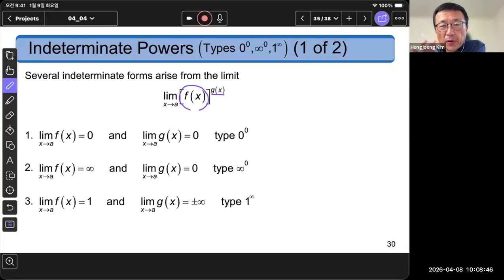So if you have an f of x to the g of x type function, and if one of these three conditions is satisfied, then what are these three? The base f of x converges to 0 while the exponent converges to 0.